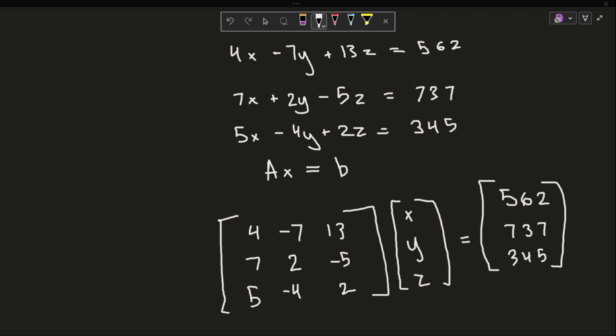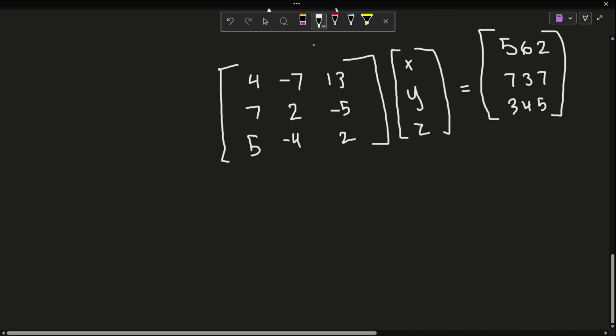And then we can also have an augmented matrix. I didn't go over the term augmented matrix, but that's basically any matrix that has a partition. And so the augmented matrix for this would be just A and B with a partition in between. So 4, minus 7, 13, 7, 2, minus 5, 5, minus 4, 2.